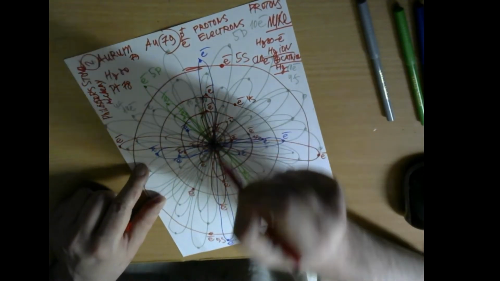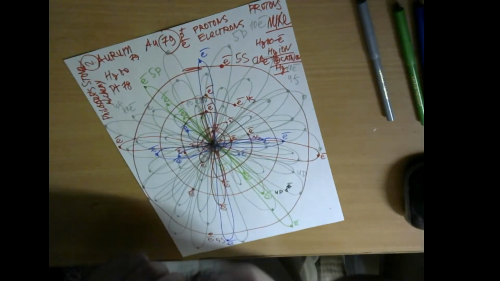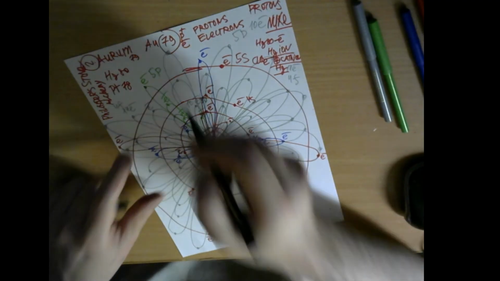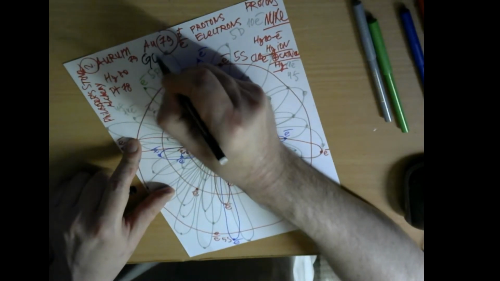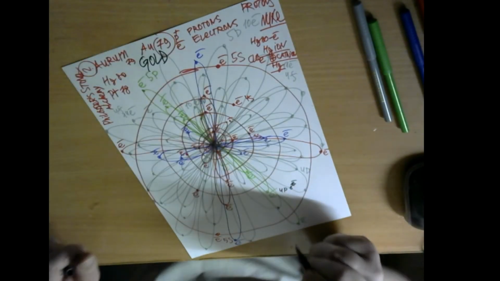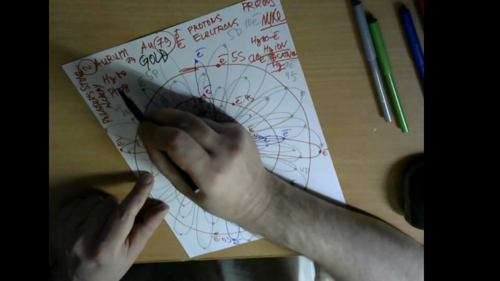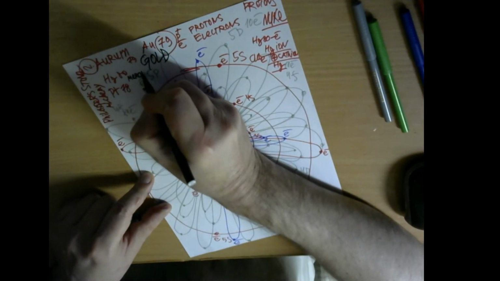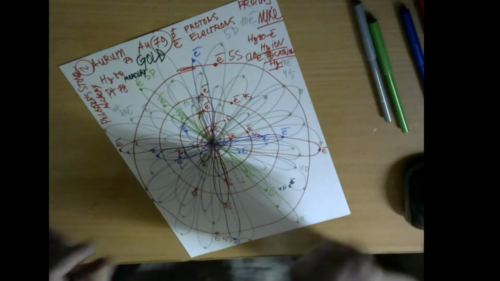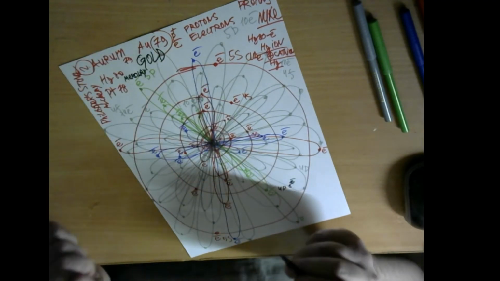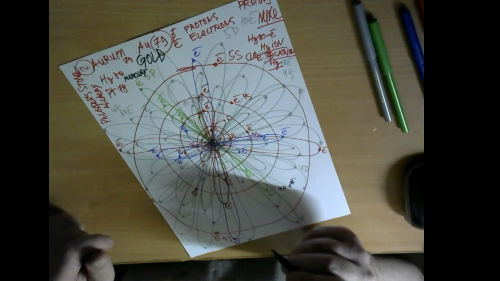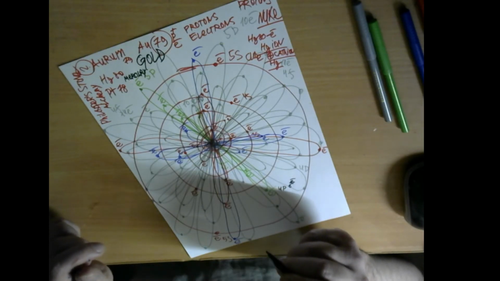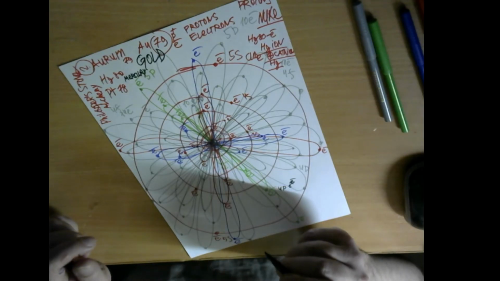To get gold, aurum, from hydrargyrum, mercury, you would need something they have in CERN in Switzerland, a nuclear reactor or a particle collider.